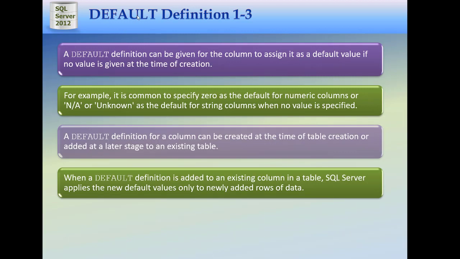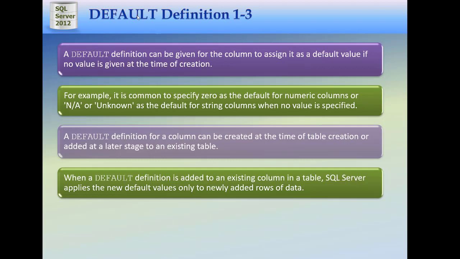Now, what was this default definition we were talking about? A default definition can be given for a column to assign it a default value if no value is given when you're inserting values into a row in that particular column.